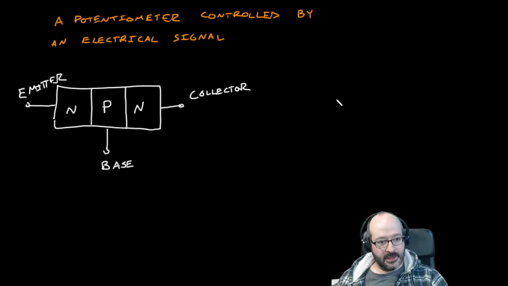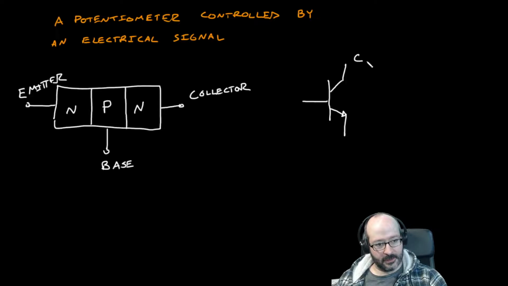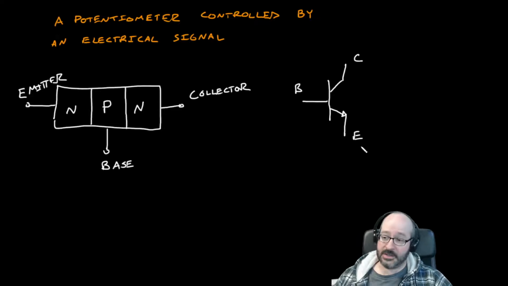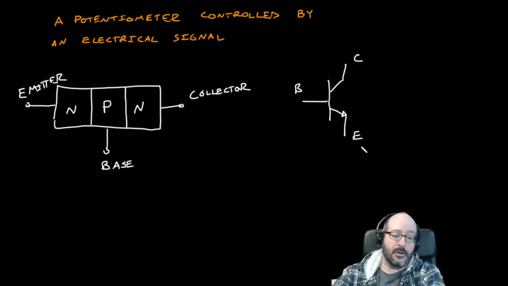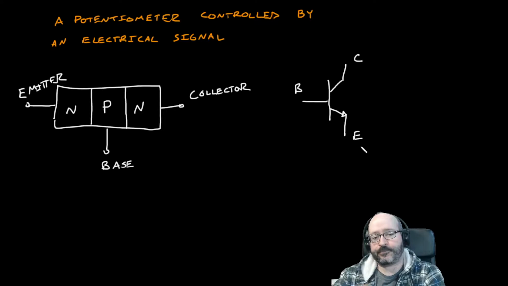Okay, the schematic symbol is going to reflect this. It looks like this. Okay, for the NPN, that arrow is going out. We'll connect it up to the circuit to look like that. So we have the collector up here, the emitter down here, and the base here. So these are pretty common abbreviations, base, emitter, collector. Okay, it's the 3-terminal device.